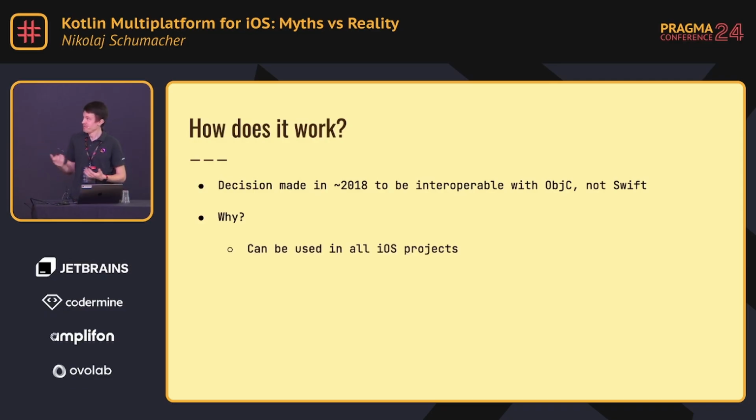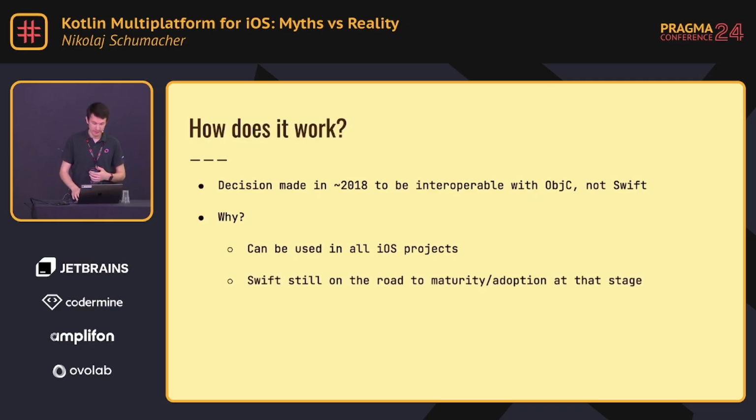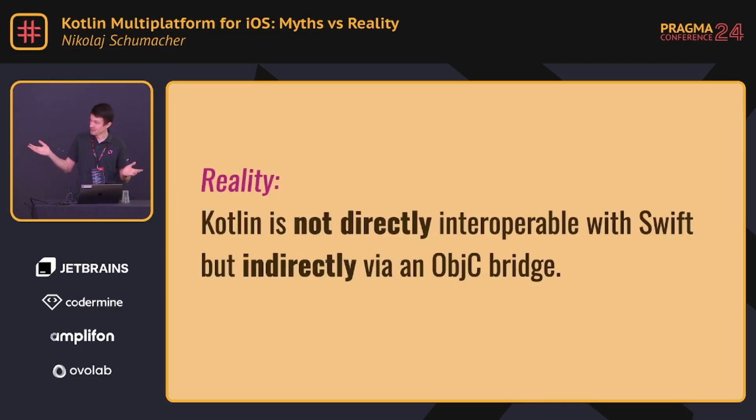The decision was made because it can interact with all iOS projects, and at that point Swift was still developing. Around Swift 2, Swift 3, they kept changing things back and forth. There was no API stability. So that was the situation back then. That's the reality: Kotlin is not interoperating with Swift directly, but it's using the Objective-C bridge.